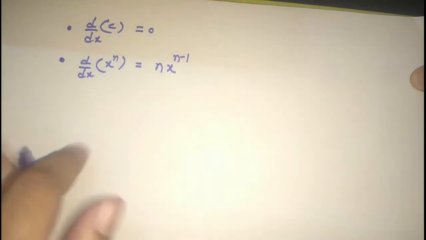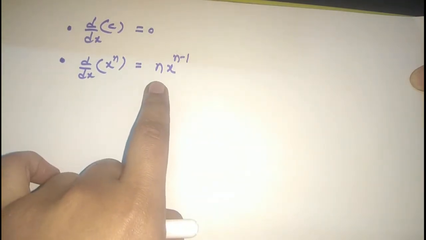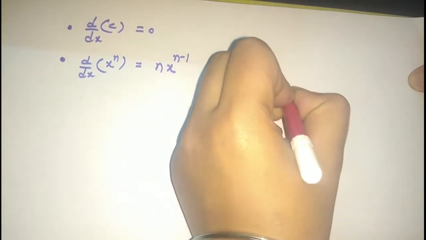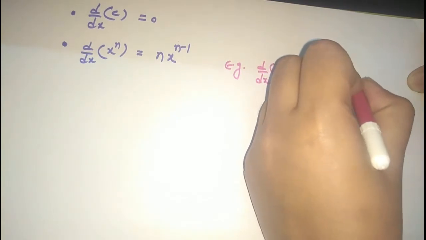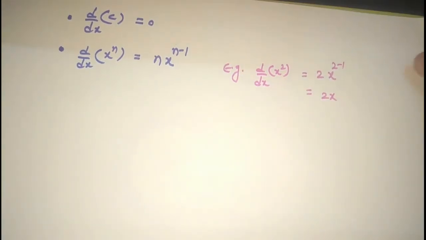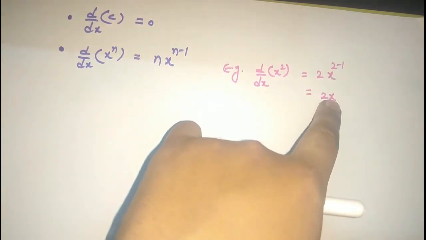If we have x raised to power 2, then the derivative of x square is 2 into x raised to power 2 minus 1, and it becomes 2x. Clear? We are finding the derivative with respect to x only.